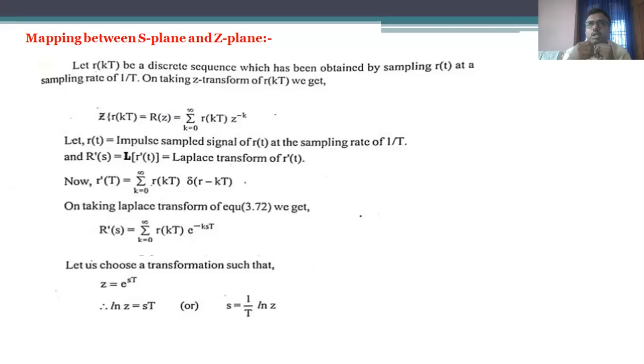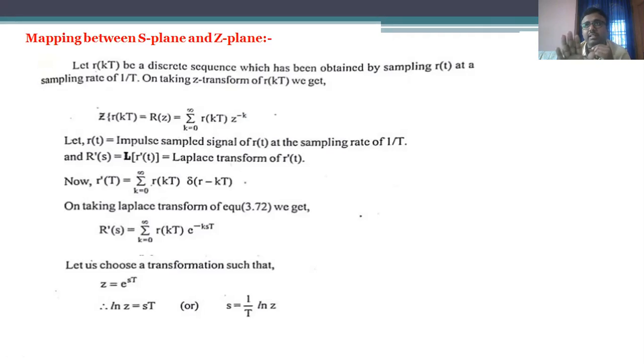Then with the application of the Laplace transform for this particular signal R dash of t, let us consider R of kT is a discrete sequence, and R dash of t or R dash of kT is considered as an impulse sampled signal. Then the Laplace transform of this signal R dash of t is called R dash of s.